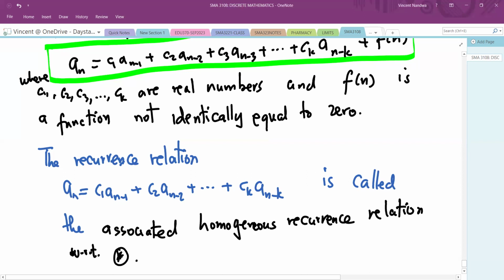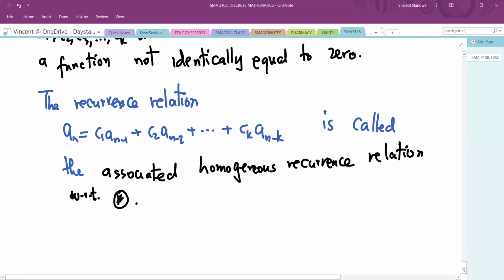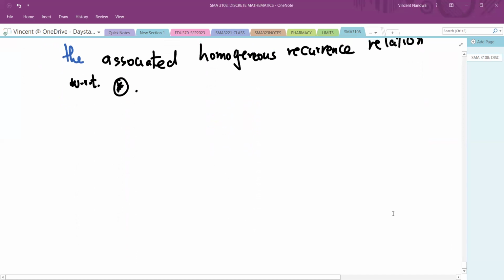Then we provide a theorem that will help us to say how to write the general solution of equation star.